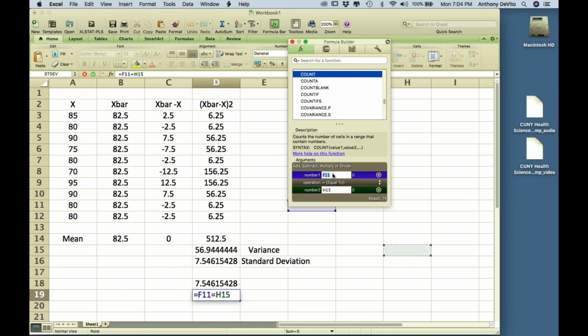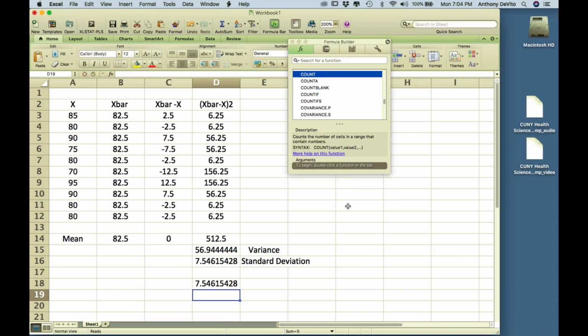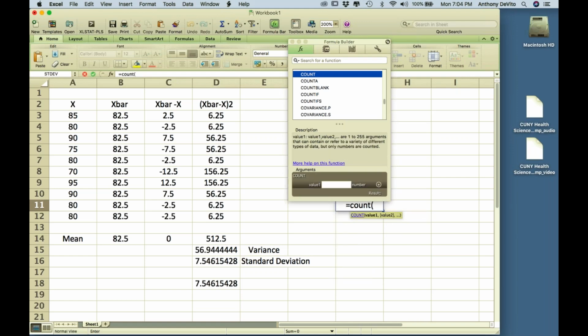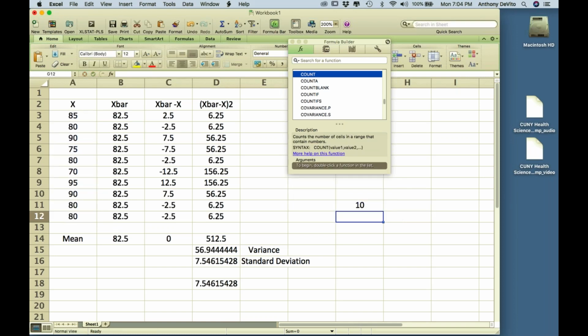Instead of doing it the way I was doing it, where I hit an equal sign and type in the value, hit parentheses, and then wait for it to tell me what to do, and then highlight these. It actually counts them for you. It tells me that there's 10 values there. And in fact, if I eliminate one, now it's 9 values. So it actually will count them for you as well.